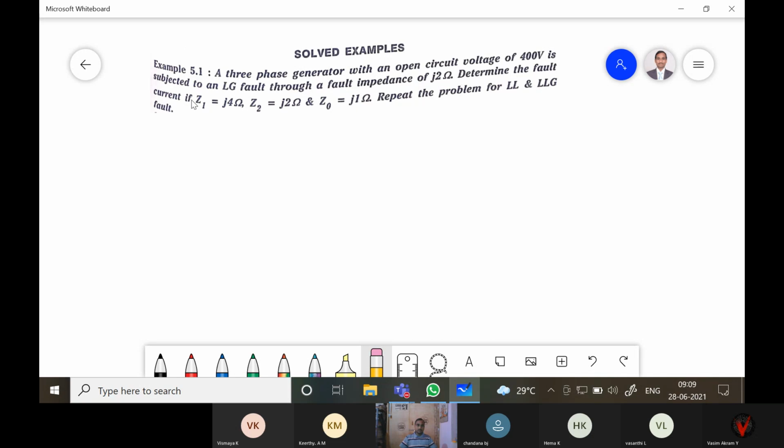Determine the fault current if Z1 is equal to j4 ohm, Z2 is equal to j2 ohm and Z0 is equal to j1 ohm, and repeat the problem for LL, that is line to line fault, and LLG fault, that is double line to ground fault.